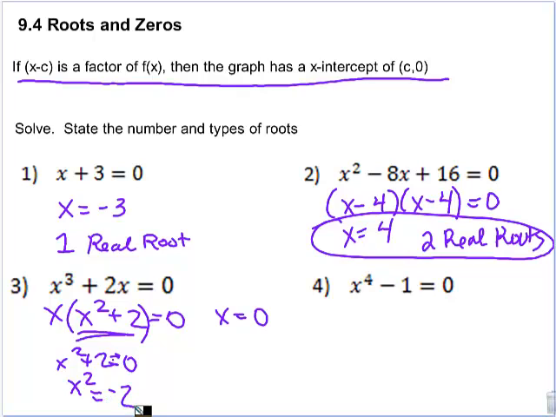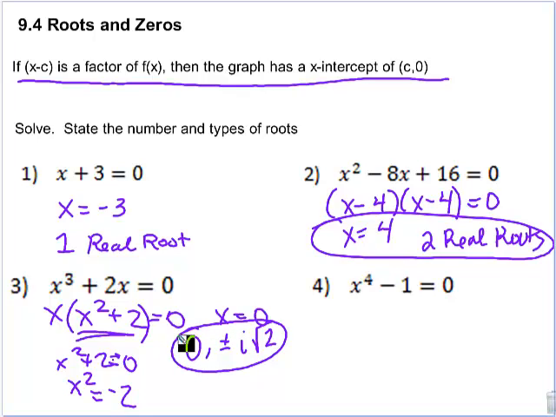Negative 2. So if x squared is negative 2, what are the solutions you get? Plus or minus i square root of 2. So here are our solutions, 0 and plus or minus i square root of 2.